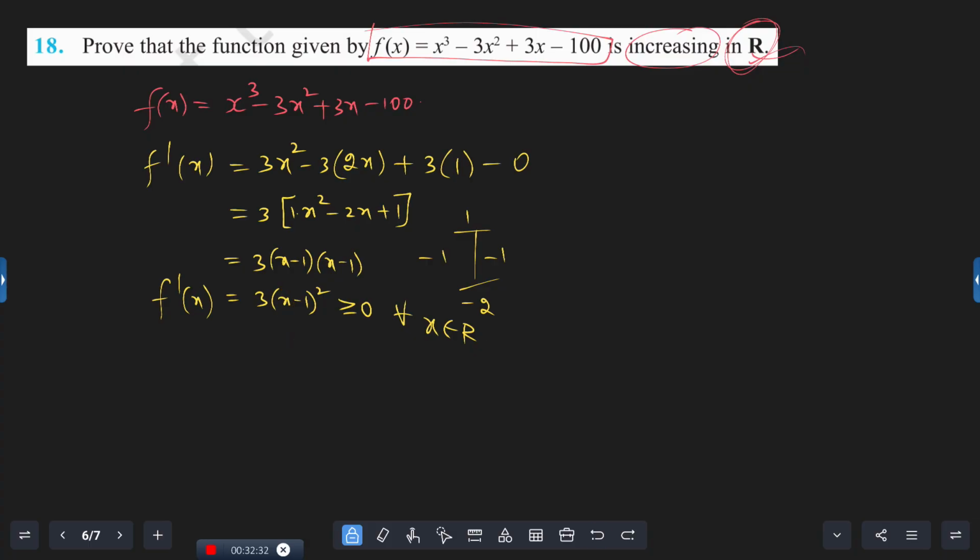So f dash of x may come 0 also. So this is greater than or equal to 0 for all real numbers. Now what can you say? Increasing function. So f of x is increasing on real numbers. Easy answer, easily you can do this. Steps and all are little simple.